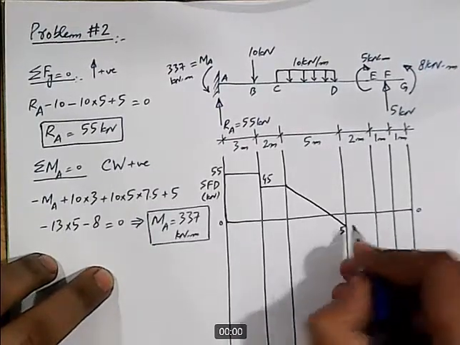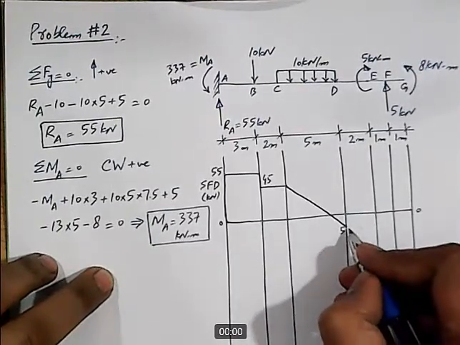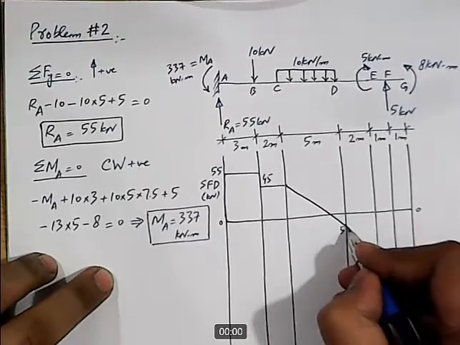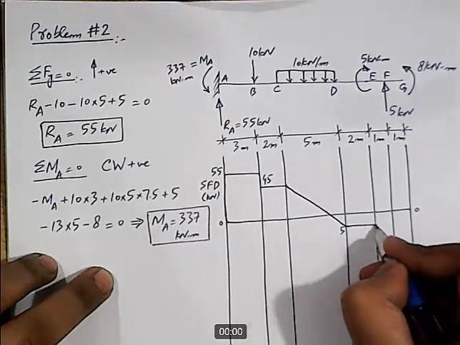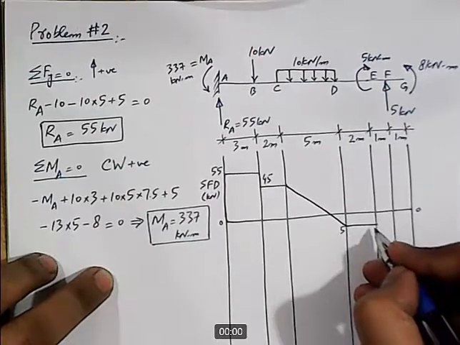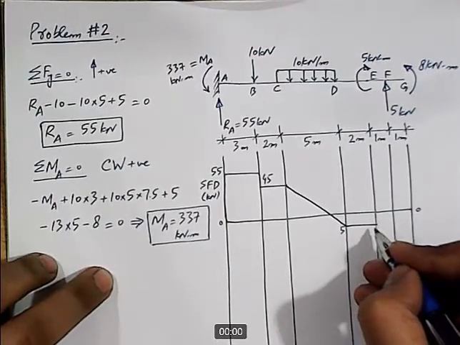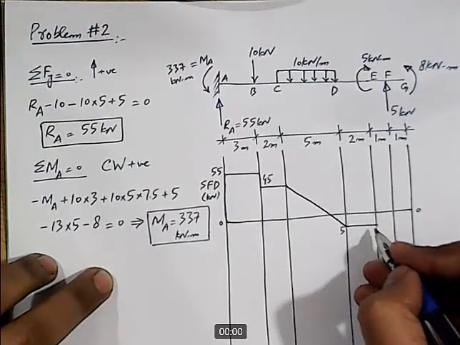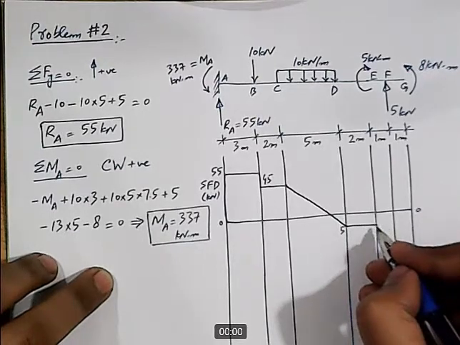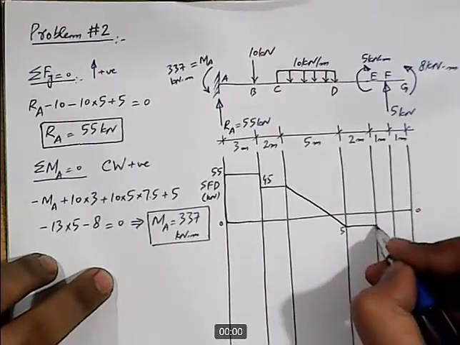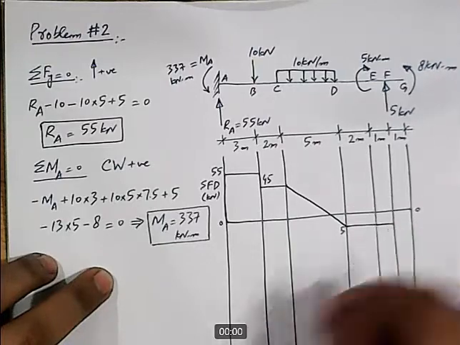And then at point D, there is no other load acting. So from D to E, there is no load acting, so it will be a 0 degree line. And at point E, there is a moment, but we know that moment will not reflect in the shear force diagram. And from E to F, there is no other load acting, so it will again go straight.